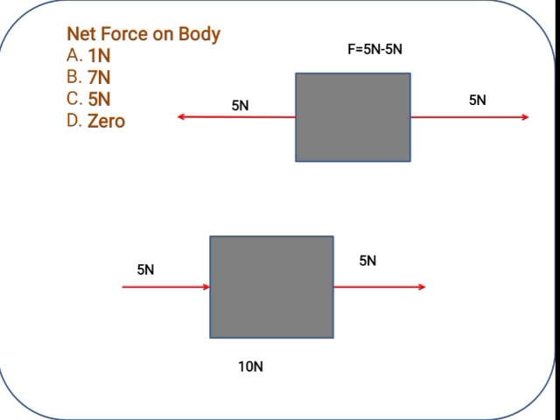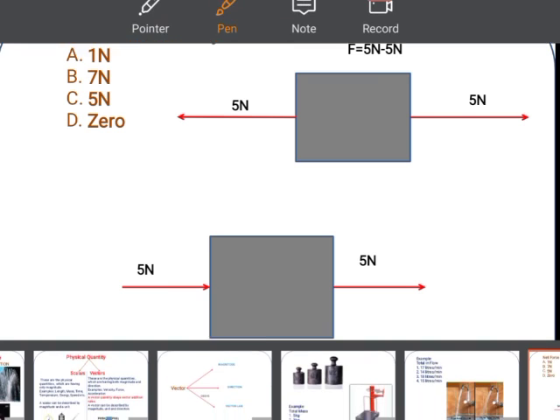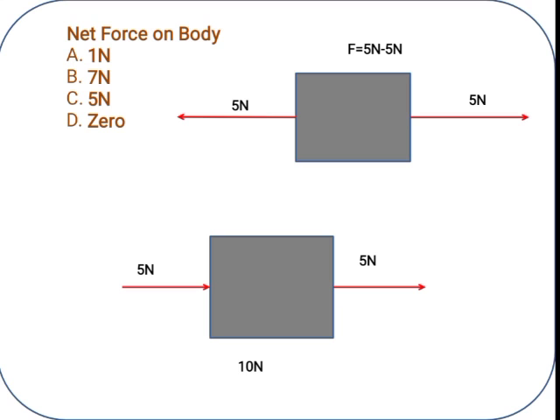Suppose we consider a vector quantity, a vector physical quantity, for example, force. Force is a vector. In this case, how do we add them? Is it possible, or do we have to apply only the simple addition method? Let us understand.